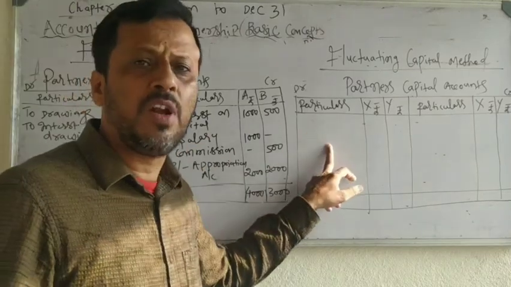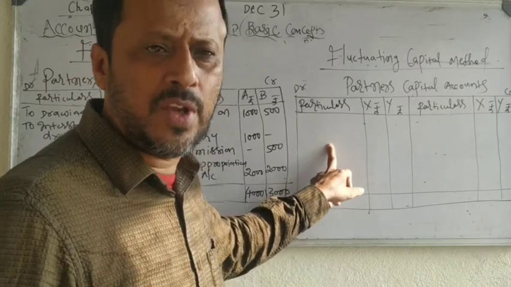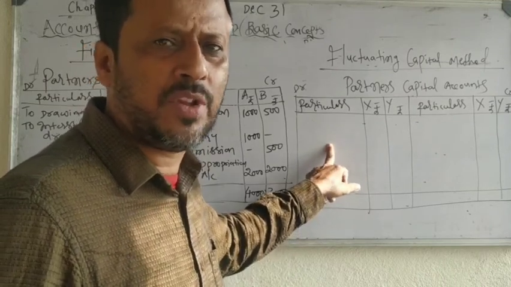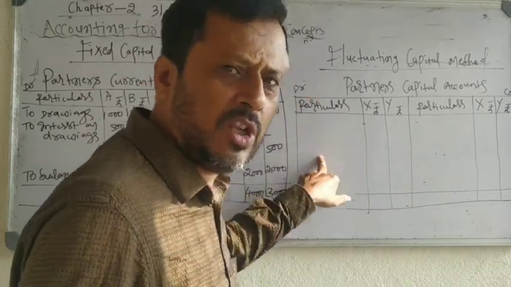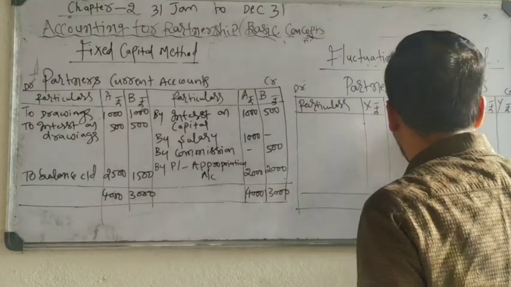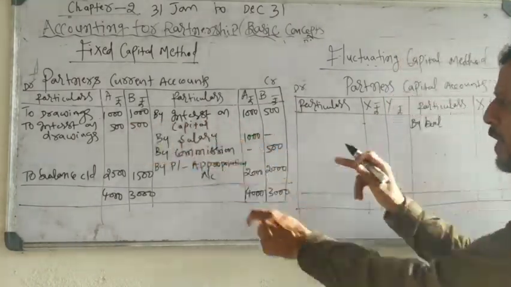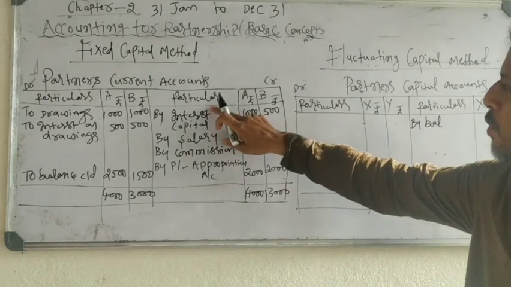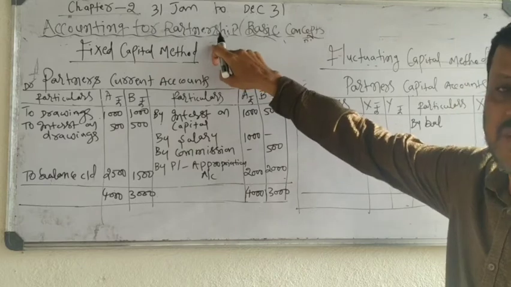So here you have to record capital balance and all other adjustments in one account. That is why balance brought down is here. This is capital balance. You have not recorded balance brought down here, because capital you will not record in partner's current account.